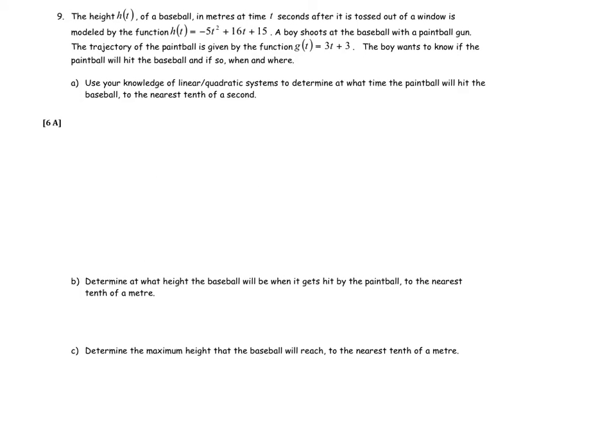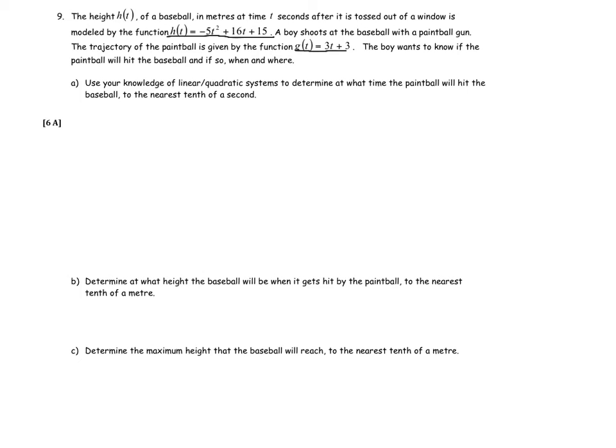The next question, we have a baseball which follows a path given by this equation. Now a boy shoots at the baseball with a paintball gun that follows this function. We want to know when the paintball is going to hit the baseball.